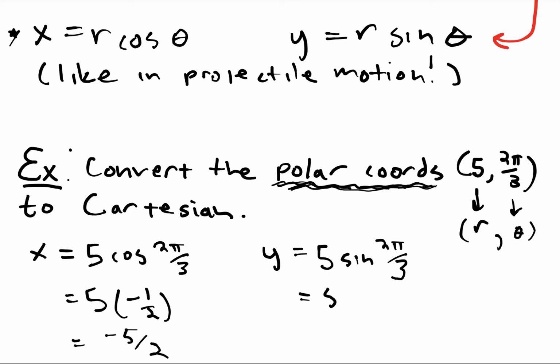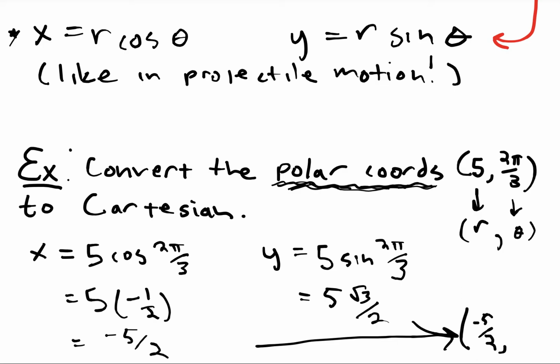Y should be 5 times root 3 over 2. So, putting these things together, you should get this point, minus 5 halves, comma, 5 root 3 over 2. Plug and chug. If you're going from polar to Cartesian, pretty straightforward. Not a lot of room for error there.